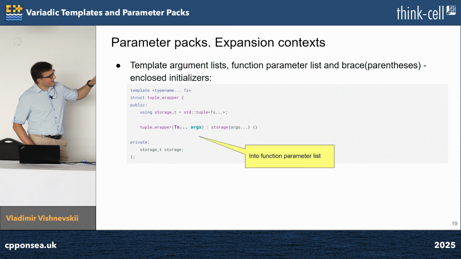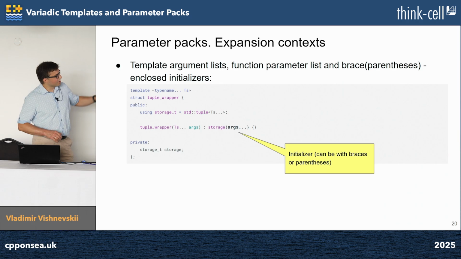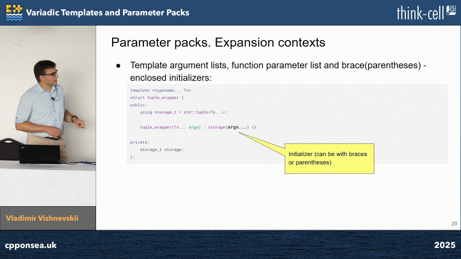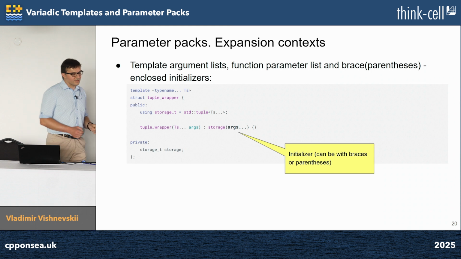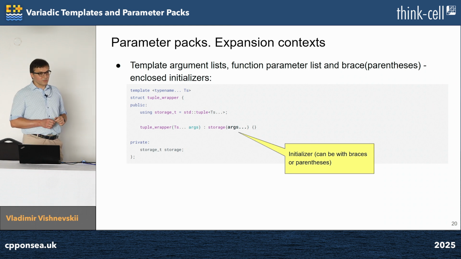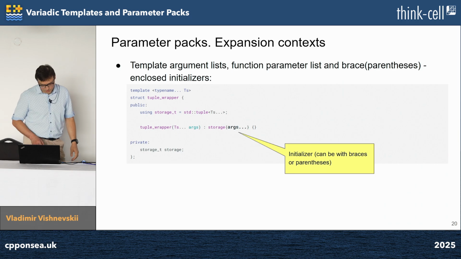And the function parameter pack, that is args here, we then expand to initialize our backend storage. So in the member initializer list, we initialize the storage and we just expand the values that will be provided when the constructor is called into the initializer of the storage.